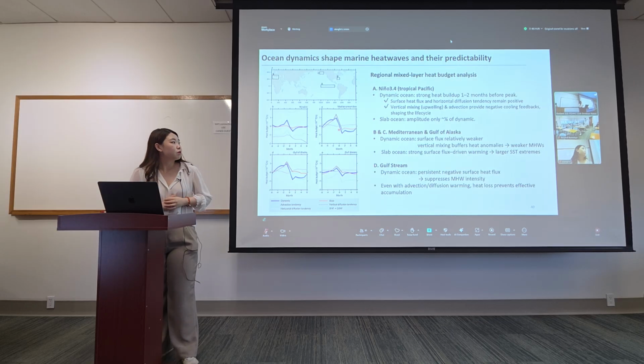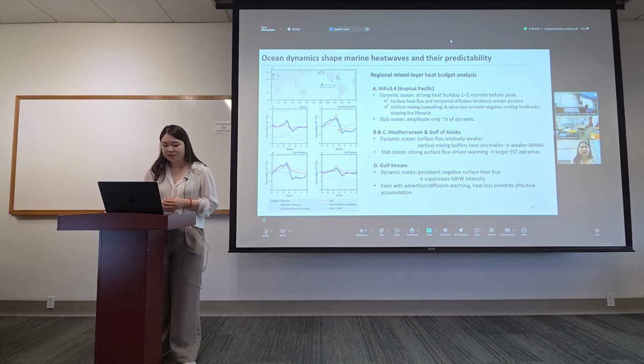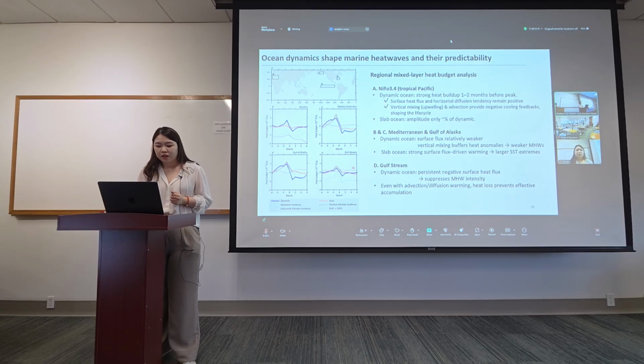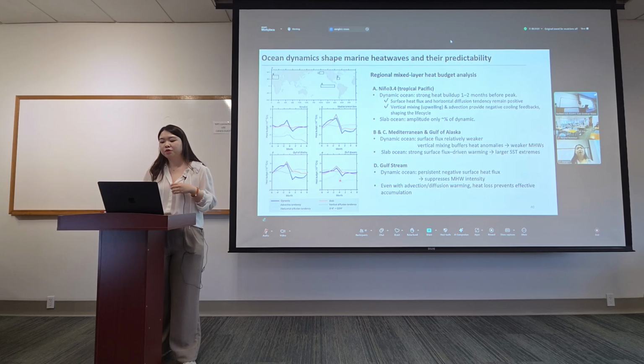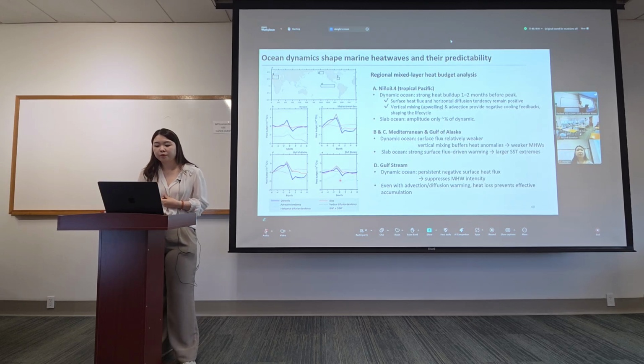And the last one is, I think, representative of the western boundary current region, which is the Gulf Stream. The Gulf Stream is different. We have a persistent negative surface heat flux, the blue line here, which is basically continuous heat loss to the atmosphere, and it helps to suppress the marine heat wave intensity.